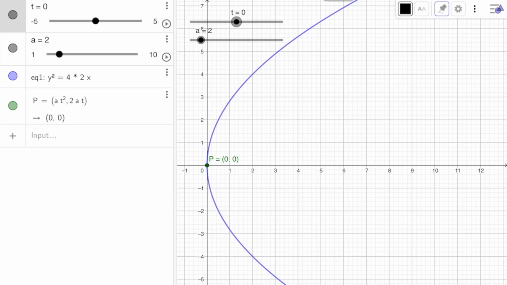Here we consider the parabola y square equal to 4ax for a equal to 2, and we take a point (at square, 2at). So for t equal to 0, as you can see, the point P is at (0, 0). Now you see how this point moves on the parabola as t varies from 0 to infinity as well as 0 to minus infinity.